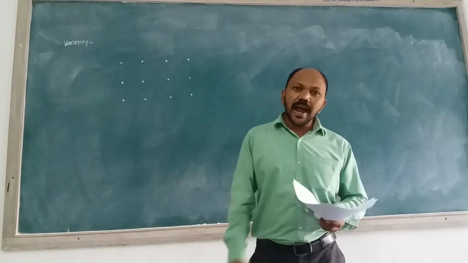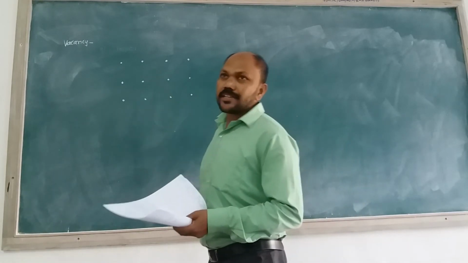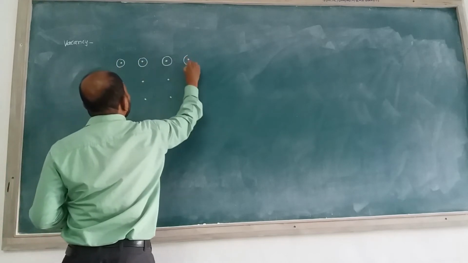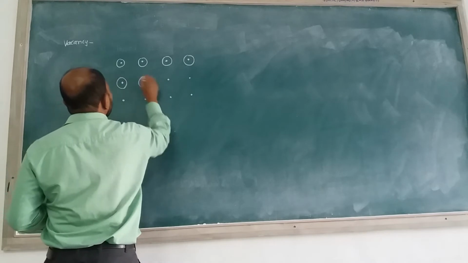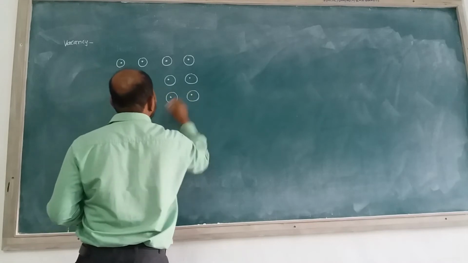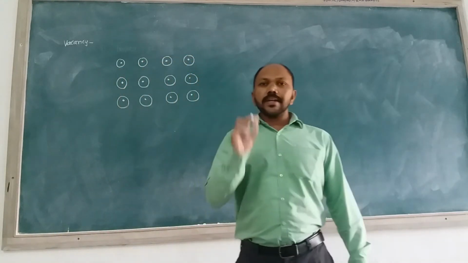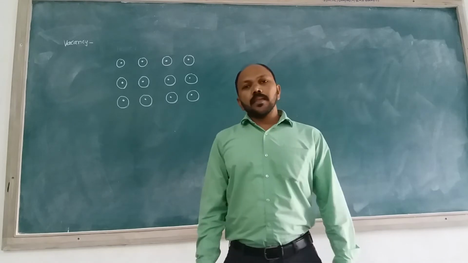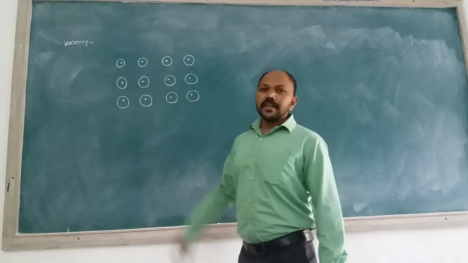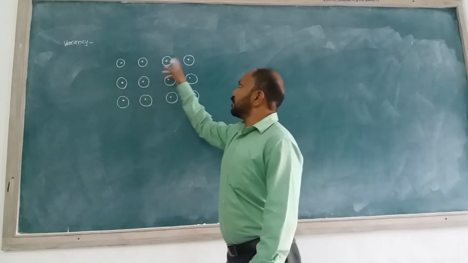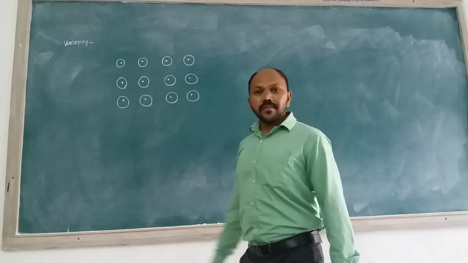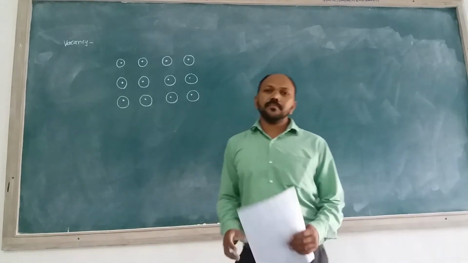If we add atoms at lattice locations, at each lattice point we add one atom. So if we consider this, 12 different lattice locations are available: 4 in a row and 3 rows, so 4 into 3, that is 12 different lattice locations.